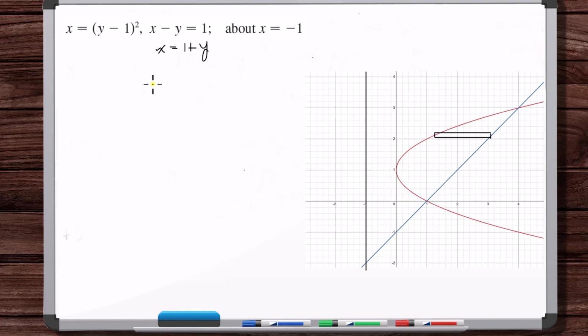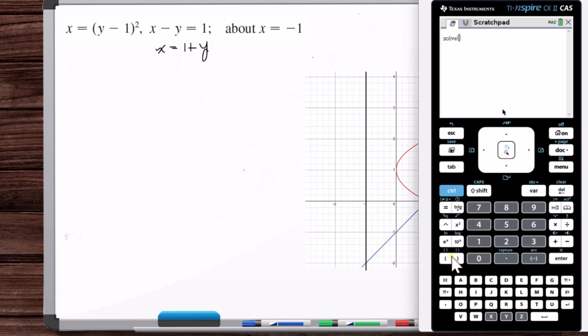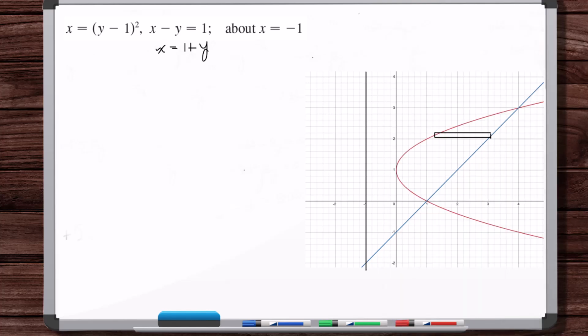So if we set these 2 equations equal to each other, (y minus 1) squared is equal to 1 plus y, and we want to solve for y. y is equal to 0 or y is equal to 3. Yeah, there you go, that's where they meet.